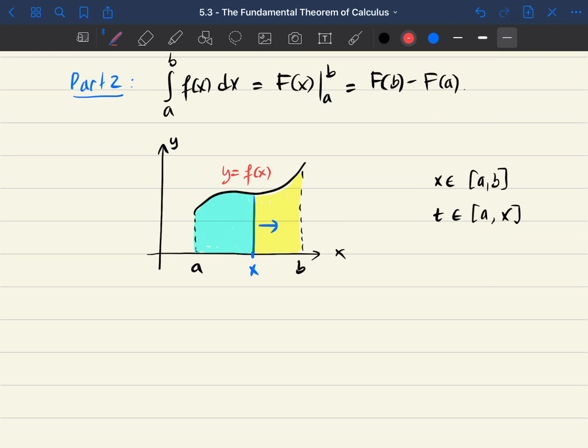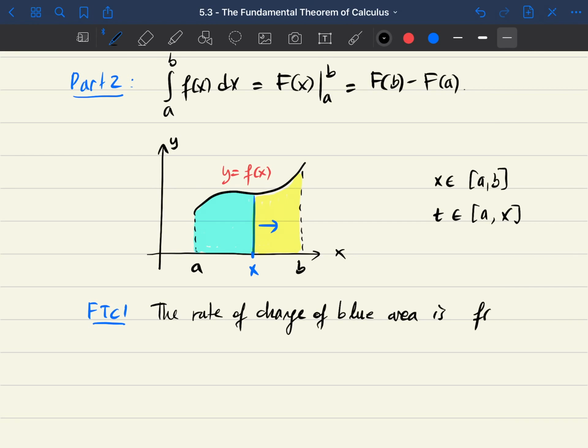So this means that, let me write this again in sentences. So FTC1 means that the rate of change of the blue area is f of x.